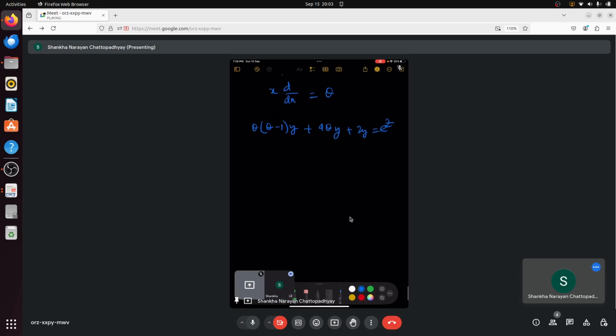Okay, so that will give you theta square y plus 2 theta y plus 2y equal to e to the power z.